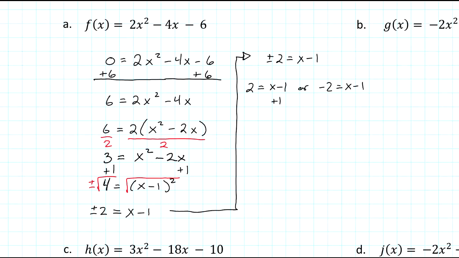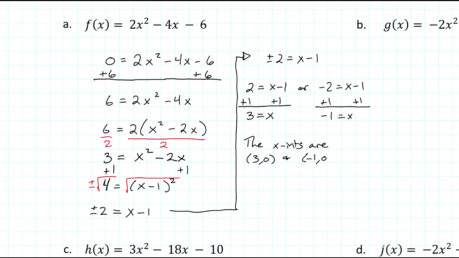I go ahead and add 1 to both sides of the first equation to get x equals 3, or 3 equals x. I guess I'll keep it in the same order here. Add 1 to the second equation on both sides, and we get negative 1 equals x. And so we can say that the x-intercepts are 3, 0, and negative 1, 0.